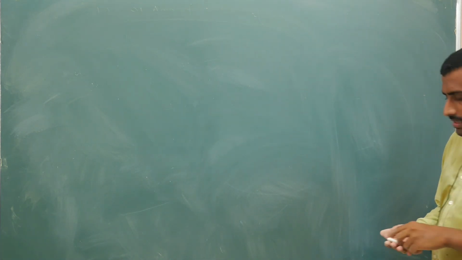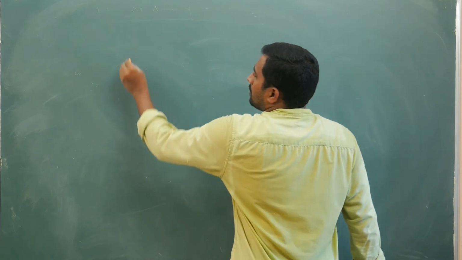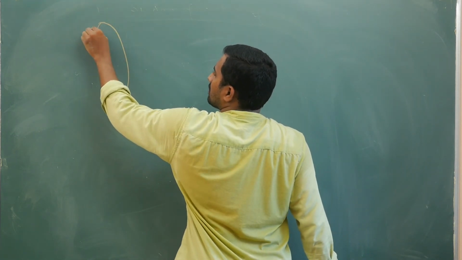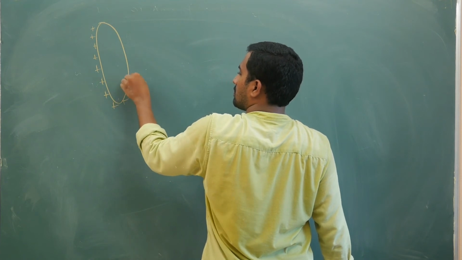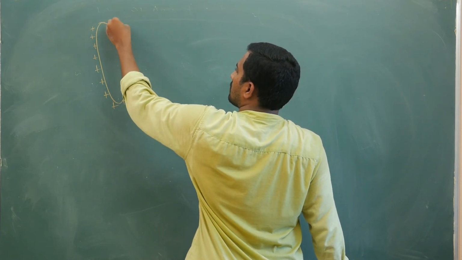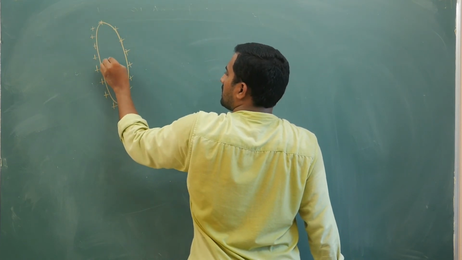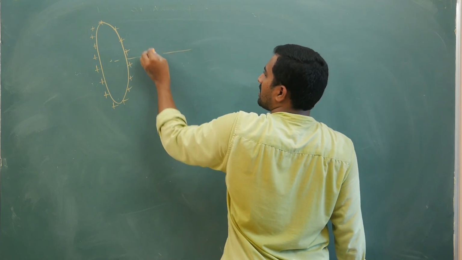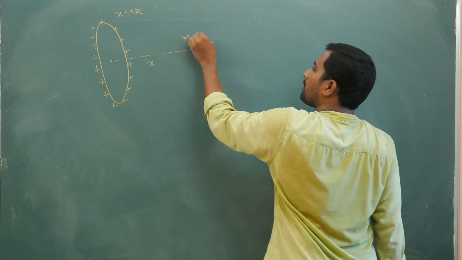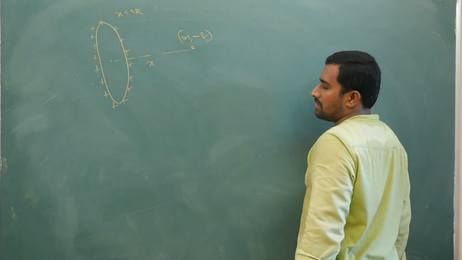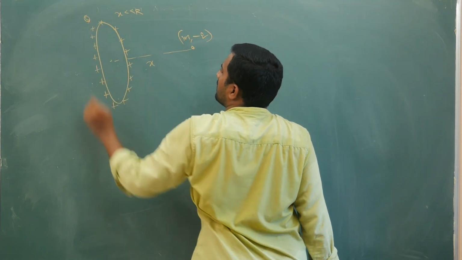Now your next thing is, okay, you have a ring. From here to here this distance is x, assuming x is very much less than r, I am releasing a particle of mass m, charge minus q.